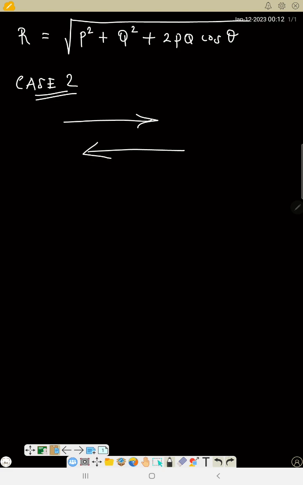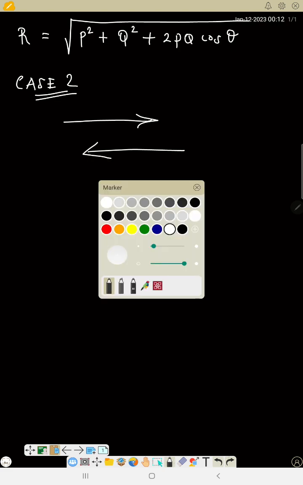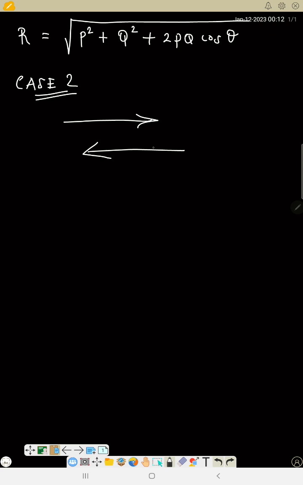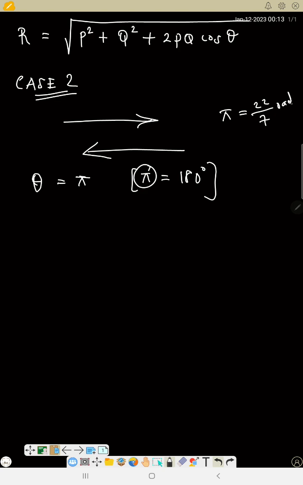That means if two vectors act parallel and in opposite direction, as we have seen, the angle between them is pi. And note, I'm using degree here, so pi will be 180 degrees. But if I'm using radian, pi will be equal to 22/7 in radian. Don't miss the 2. But I'm using degree, so pi is 180 degrees.